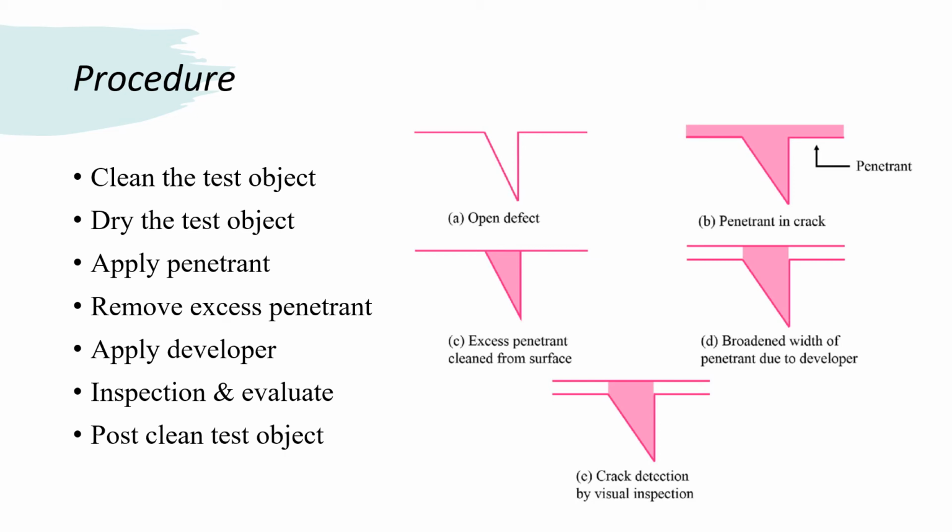After this, we need to remove the excess penetrant. This is the most important step in the entire process. The desired result is that the surface is completely clear of penetrant, yet the crack and defect retain all the penetrant that entered into it.